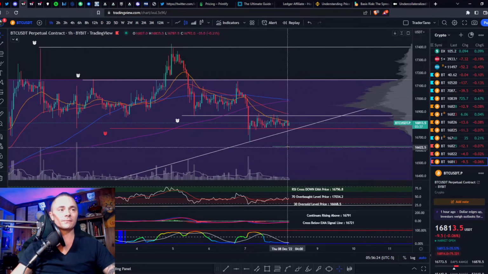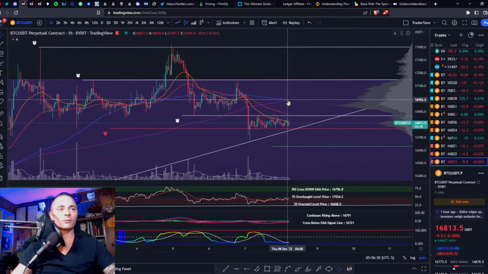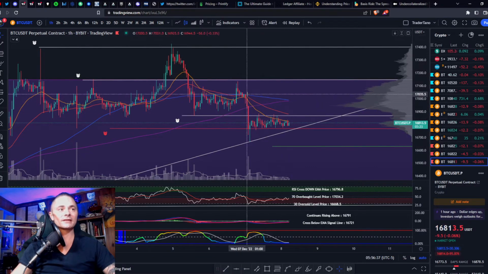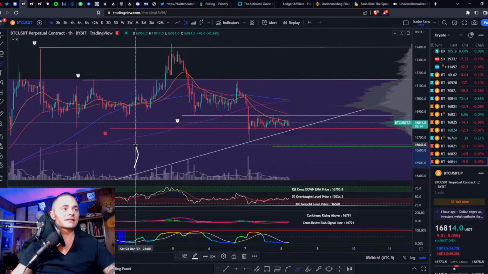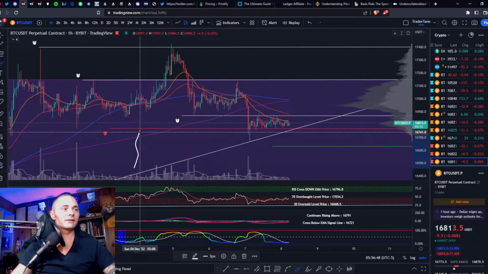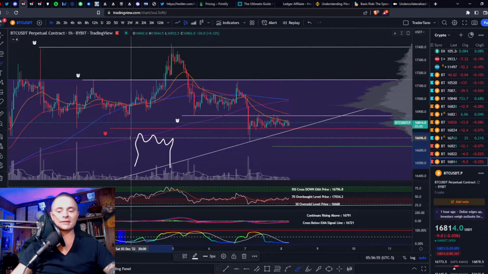All right, so we have a sideways range here. Moving averages have made a multi-crossover. We're waiting for that 100 to cross the 200. If that happens, that's going to be a bearish variable. Now, look at this. It looks like we have an inverted BART happening, possibly. A BART is when price action goes up or down, it chops around, it's sideways, and then it drops back down, looking like Bart Simpson's head.